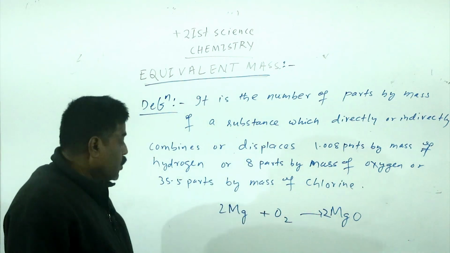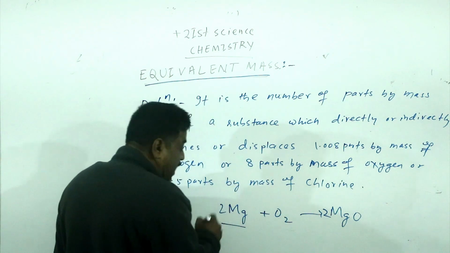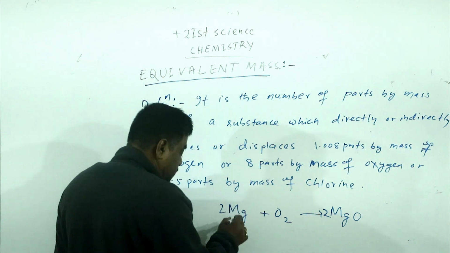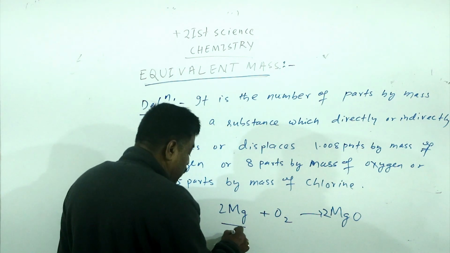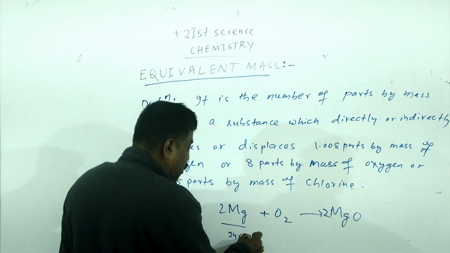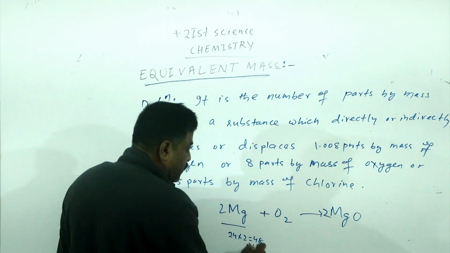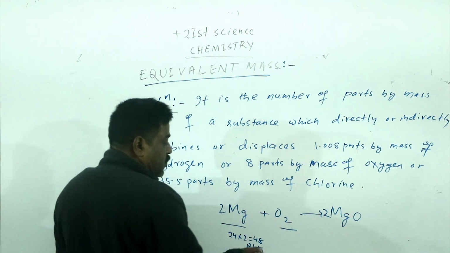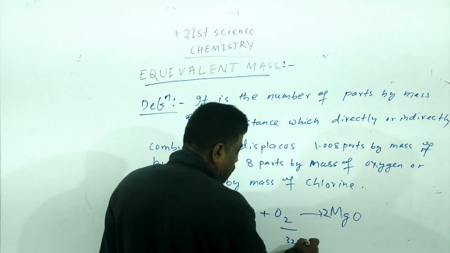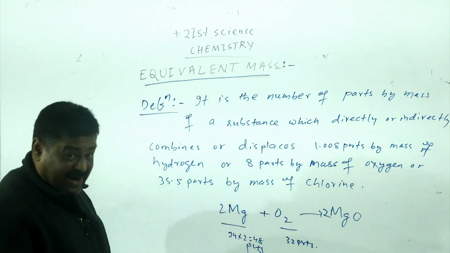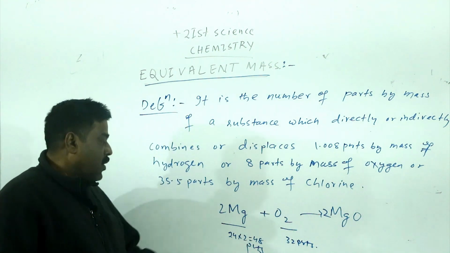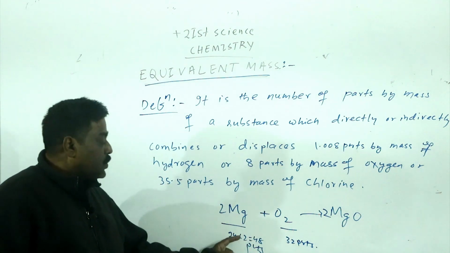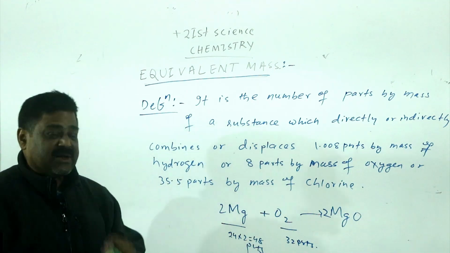So here 2 Mg means atomic mass of magnesium, that is 24, into 2 is equal to 48 parts by mass. Here oxygen, you know, atomic mass of oxygen is 16, so here O2 means 32 parts. So here it is clear that 32 parts by mass of oxygen combines with 48 parts by mass of magnesium.